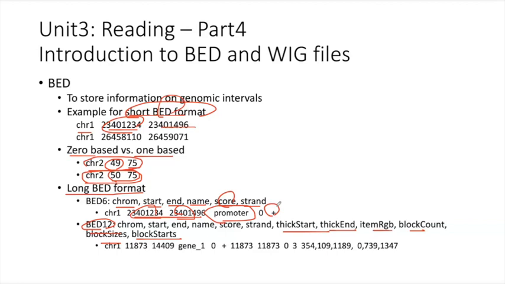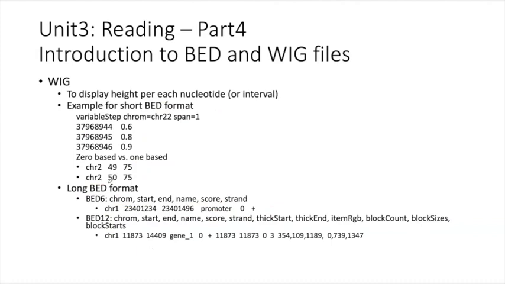I'm not that worried about the BED12 format, and BED6 is not needed. When I grade, I usually check whether you made the first 3 columns correctly. But if you need to specify more information, you may want to use the BED6 or BED12 columns. Any question? No.